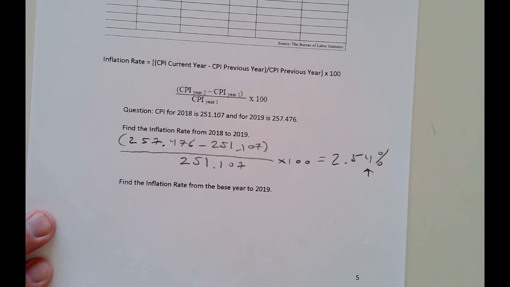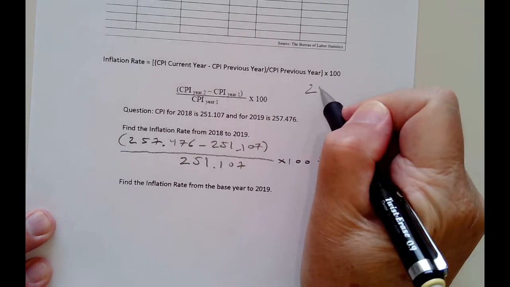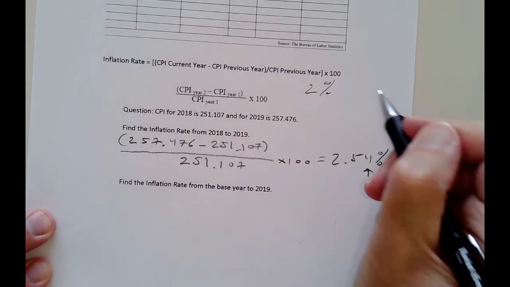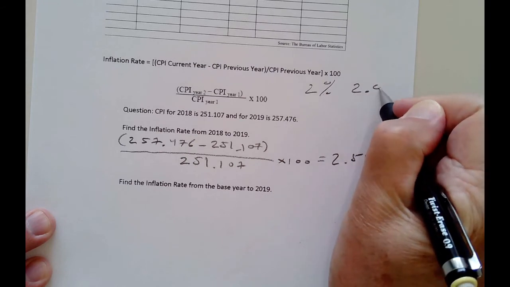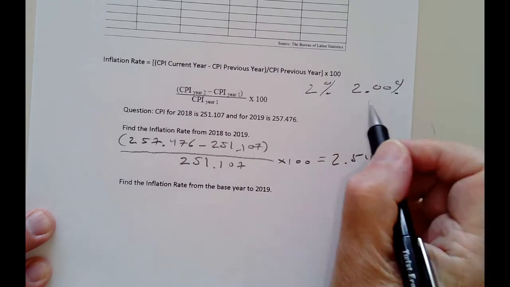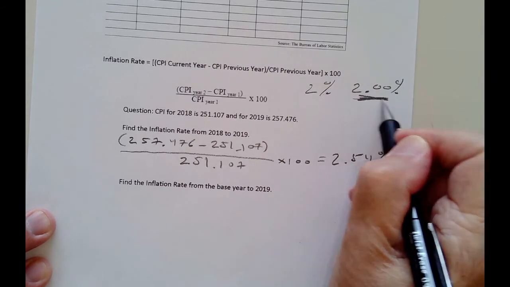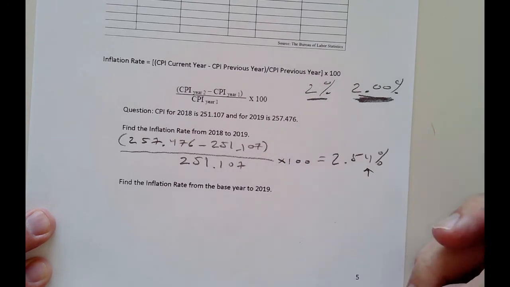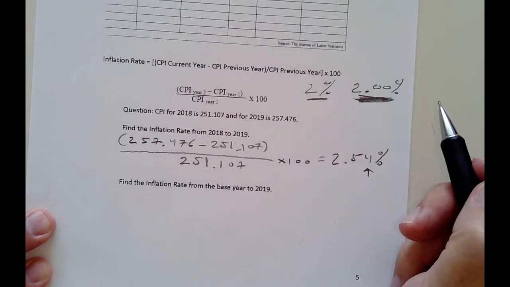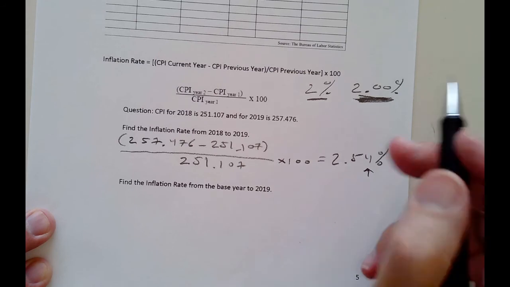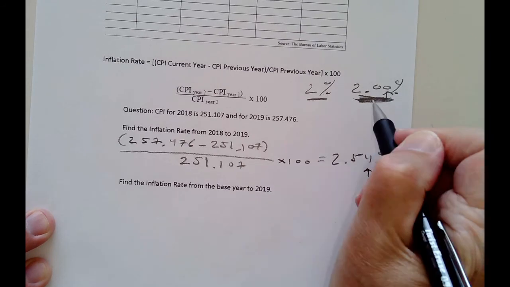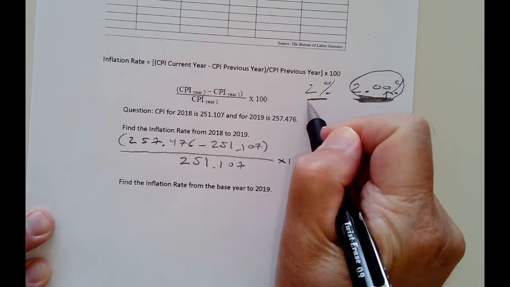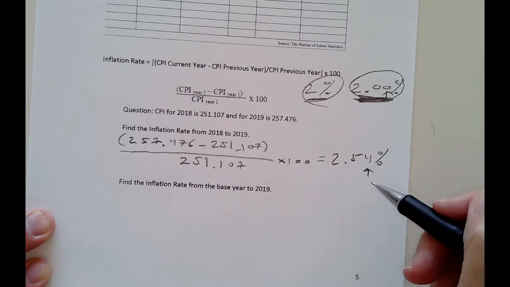If you say 2% on the test, and the answer is actually 2.00, that would be wrong, because they're not the same number. This number is much more precise than that number. This gives us more information than that number does. So if your boss says round to the second decimal, I don't care if it's 000, you give them the zeros there, because again, that tells me a lot more information. So in this case, it's 2.54%.